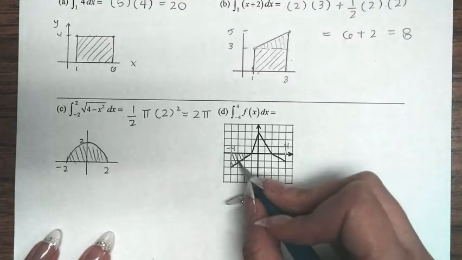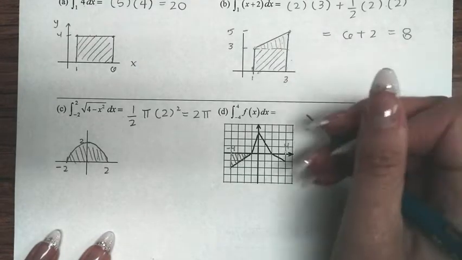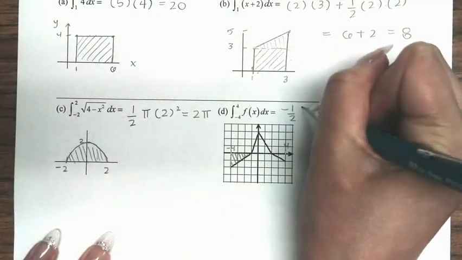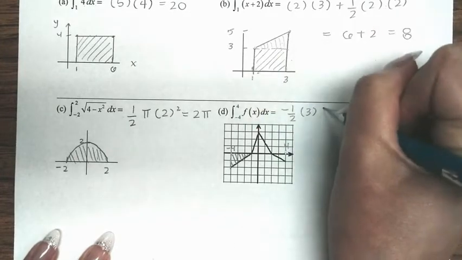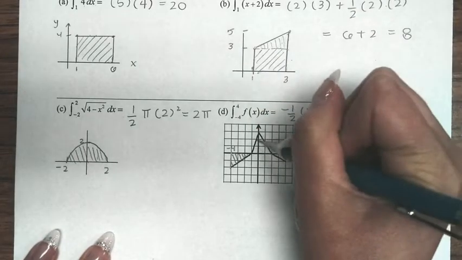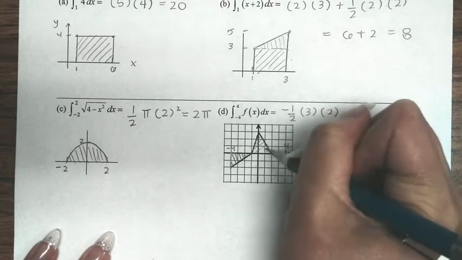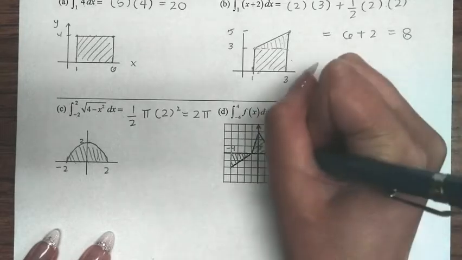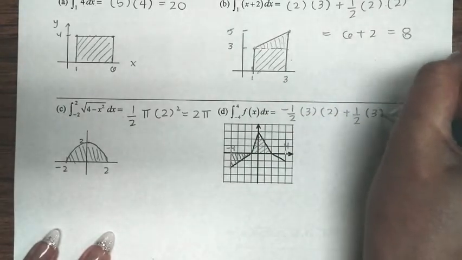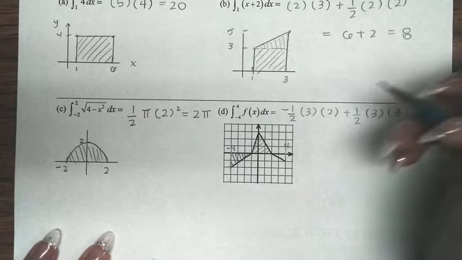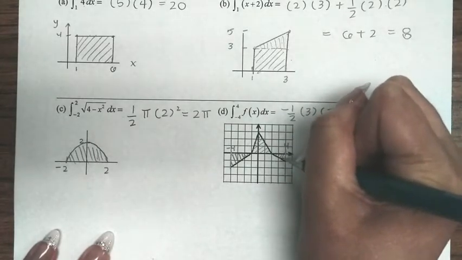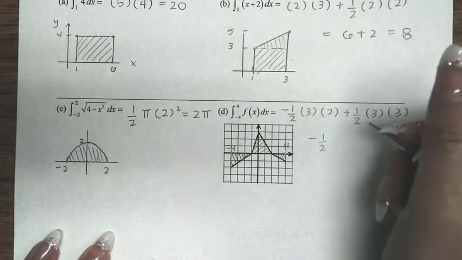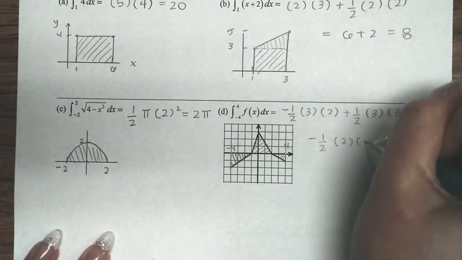So this is going to be a negative area: negative 1/2, the base of this triangle is 3, and the height is 2. Then the next triangle is positive because it's above the x-axis, with base 3 and height 3. Then we have another small triangle, which is negative: negative 1/2, with base 2 and height 1.